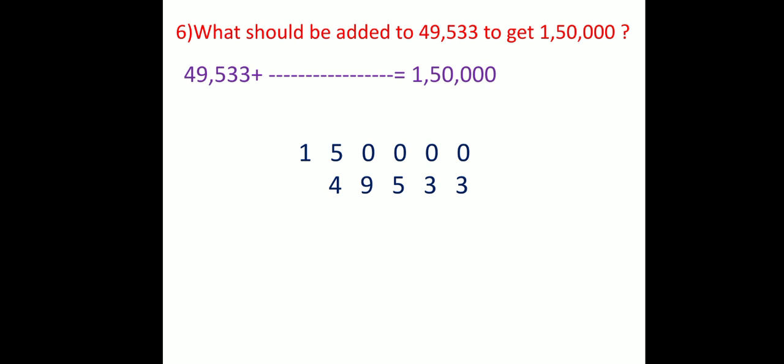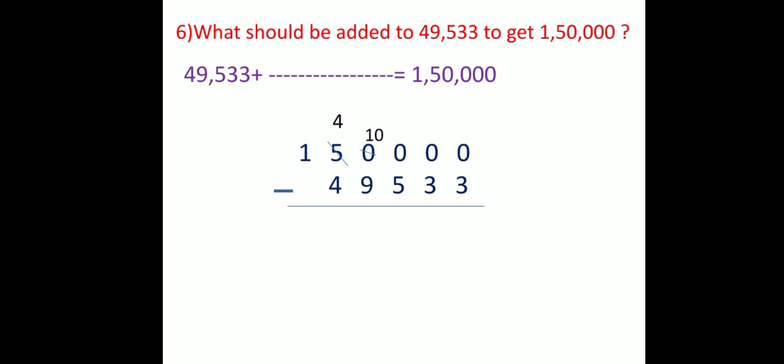Okay, start subtraction. First write the minus symbol and then start subtraction from the ones digit. Here the ones digit is 0, tens digit 0, hundreds digit 0 and thousands digit also 0. Then borrow from the ten-thousands digit, that is 5. Then 5 becomes 4, and the next 0 becomes 10.